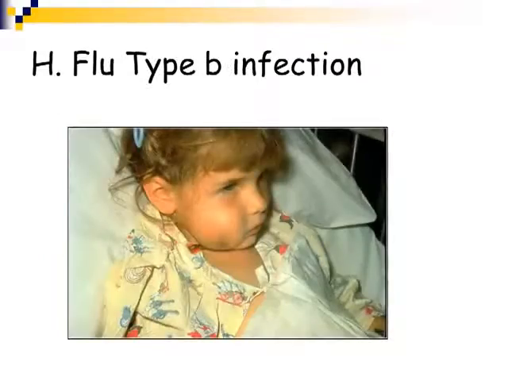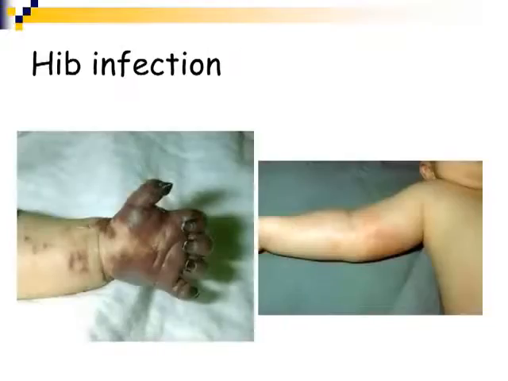Okay, here is a child with Haemophilus influenzae, which is otherwise known as H flu, type B, serotype B, and you can see the cellulitis in the cheek, the very swollen cheek area, and again common in children between 2 and 4.